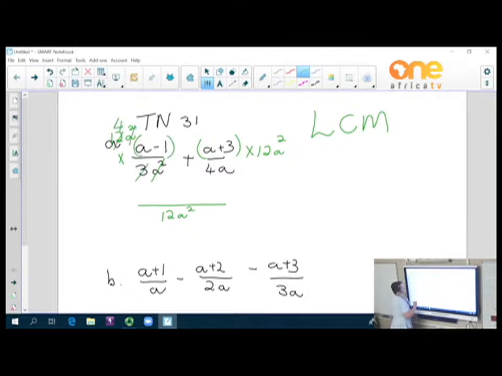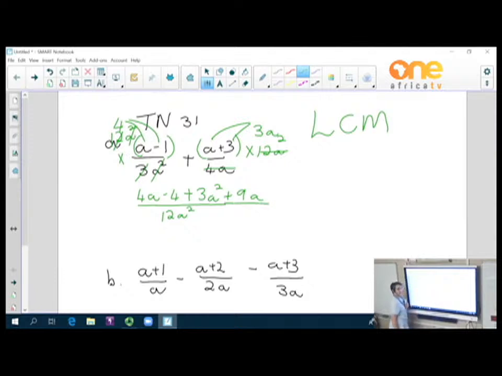It's nice to use brackets here so that you remember to multiply each one with that 4 outside. So it makes it 4a minus 4. Here the 4a will cancel into this one 3a times. I need to multiply it with each one there. So it's positive 3a squared plus 9a.